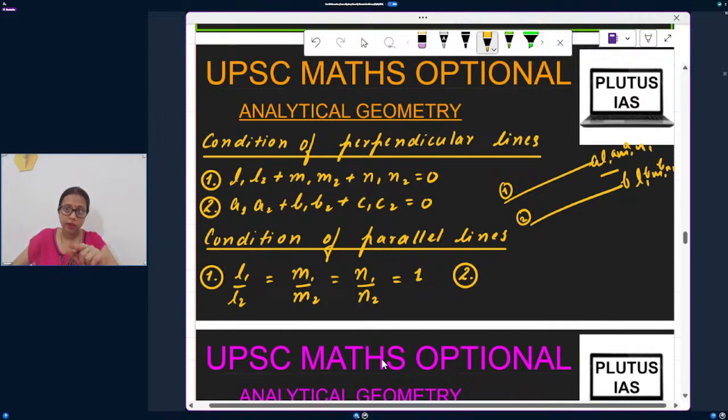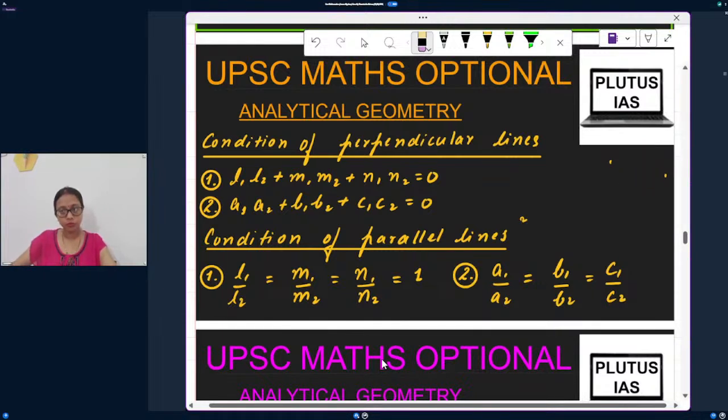A L1 divided by B L1, A M1 divided by B M1, A N1 divided by B N1, and all of them are equal to some constant, here A by B. So here direction ratios are A1 by A2. The direction ratios are proportional. That can be equal to any constant.